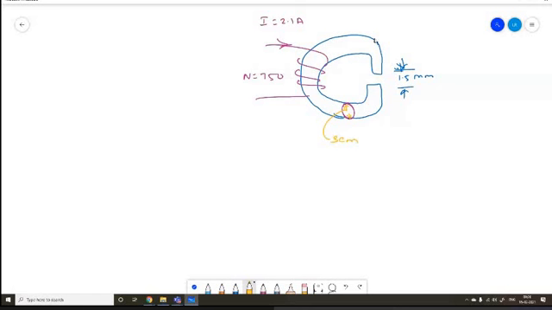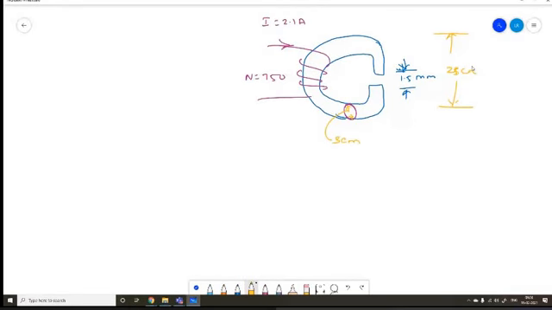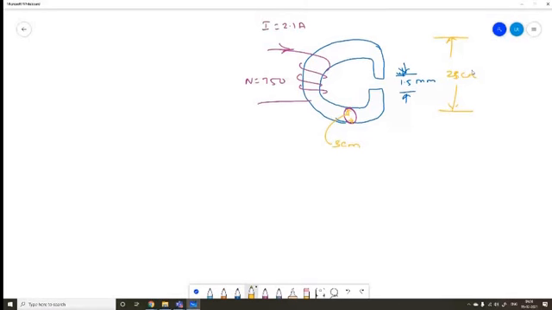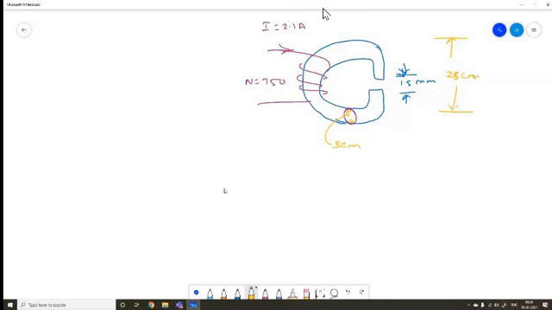So for finding the total length, this diameter will be helpful.